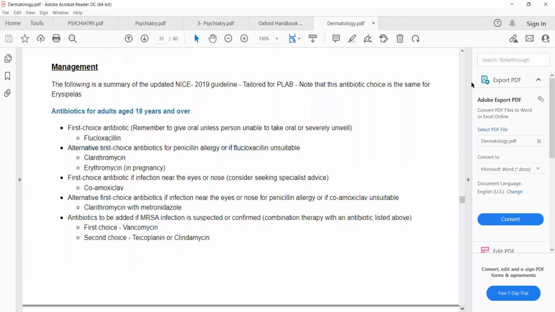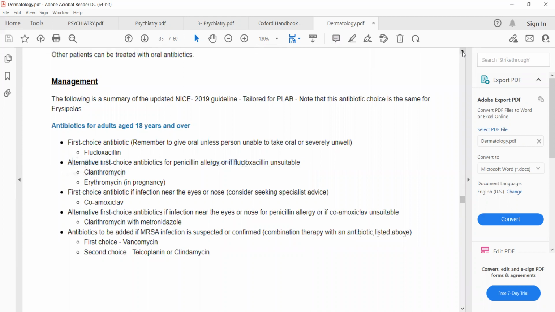Now, what are the antibiotics that we need to give? Whenever the causative organism is Staphylococcus aureus, the first choice antibiotic will be anti-staphylococcal penicillin, that is fluoxetine. So the diseases that are caused by Staphylococcus aureus, the first choice antibiotic will always be fluoxetine.